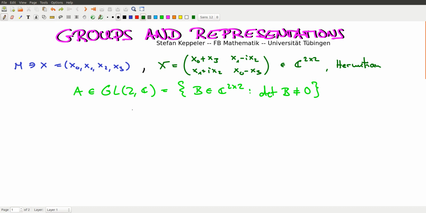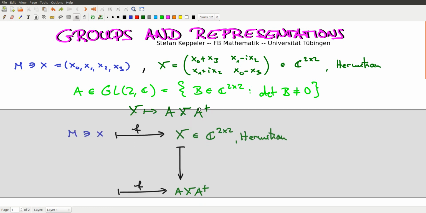Let's take this X, the capital X, and transform it like this. We multiply with A on the left and A dagger on the right. Since we started with a Hermitian X, this thing here is also Hermitian again, and we can ask, is there a point in Minkowski space, again, such that it corresponds to this matrix?